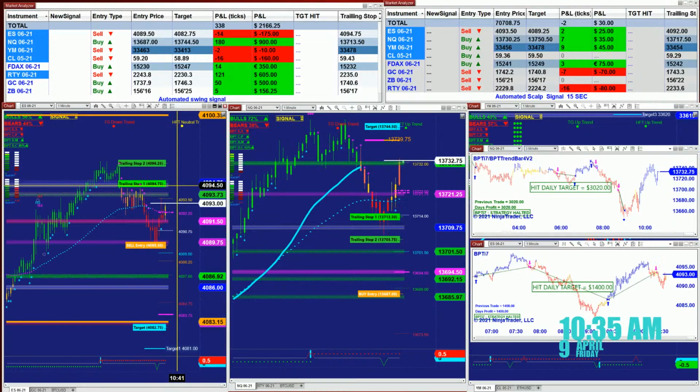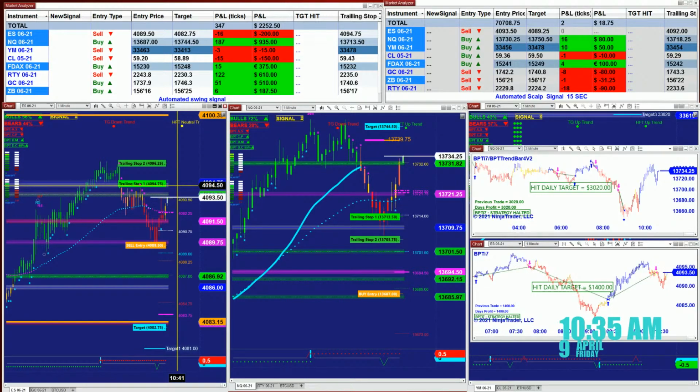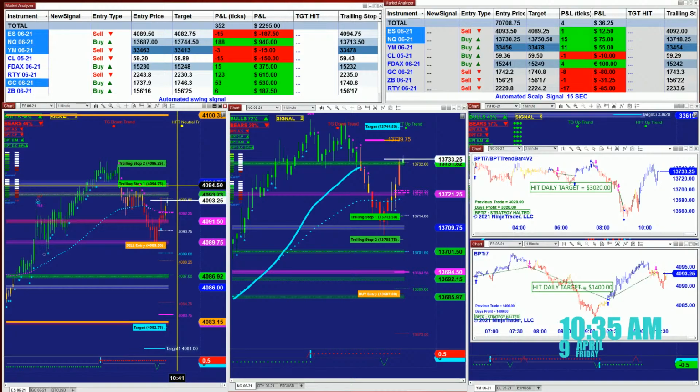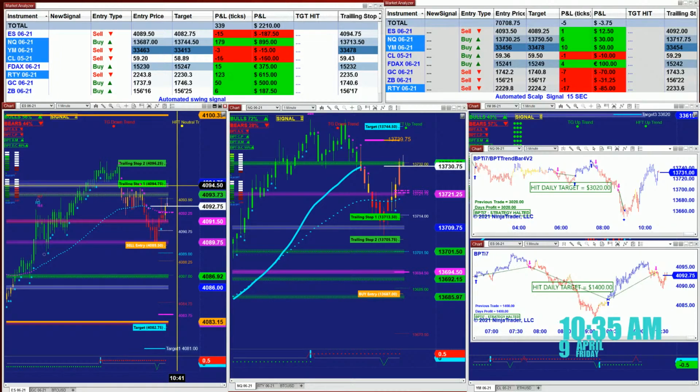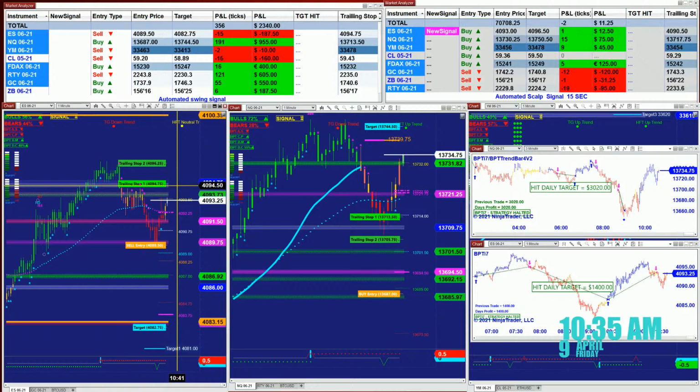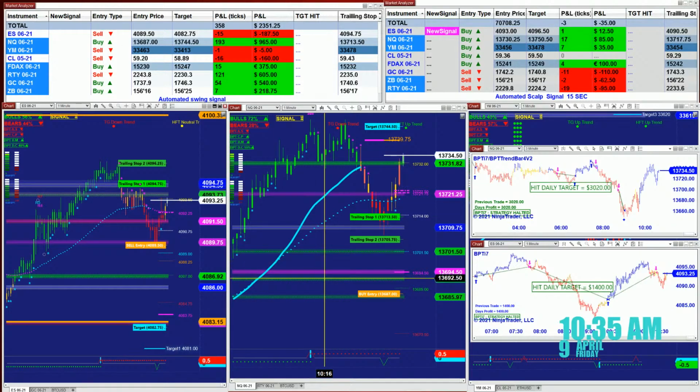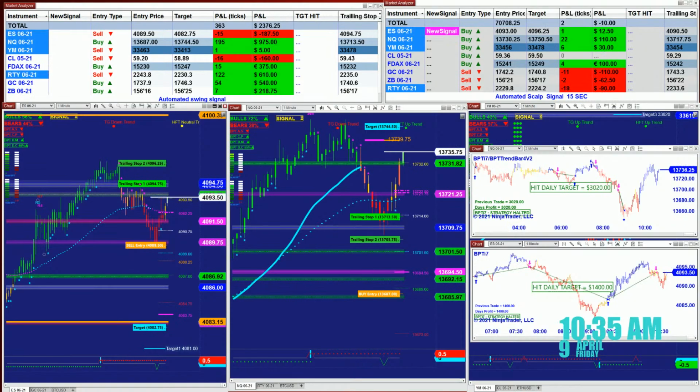Because once we go below that, we're going to bump into a little chop market, and as long as the ES maintains above the 94.50, that will be much better for us. So we will keep our eye on it.